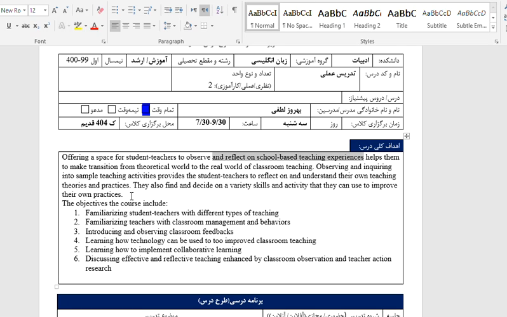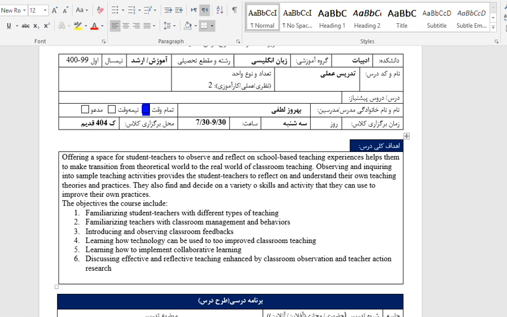You have some theories in your mind, some plans in your mind. So you have this space, the opportunity to think about yourselves, your theory of teaching, and also your teaching practices.